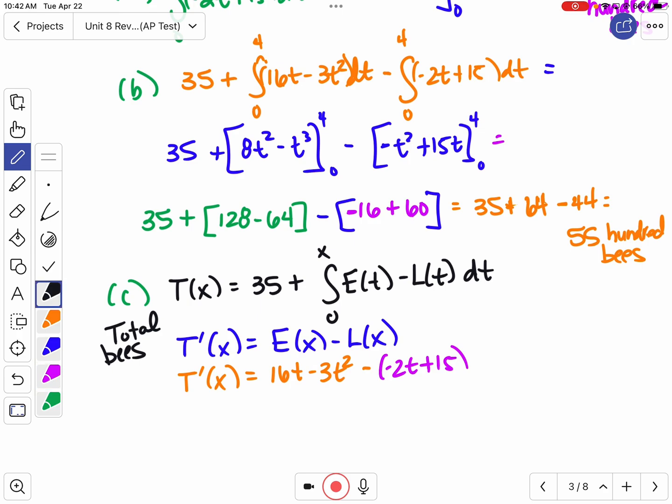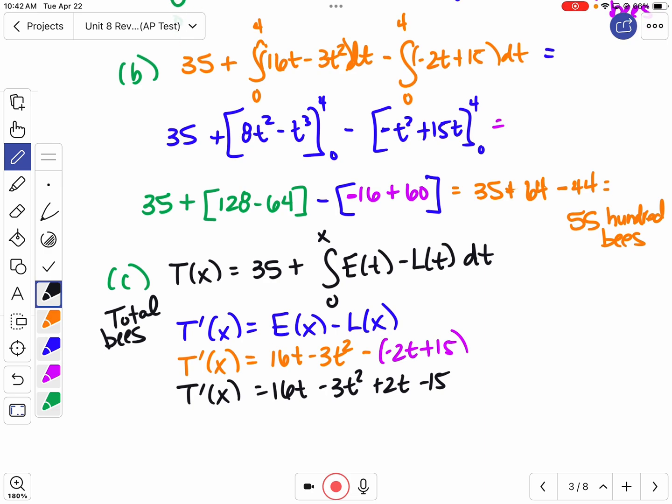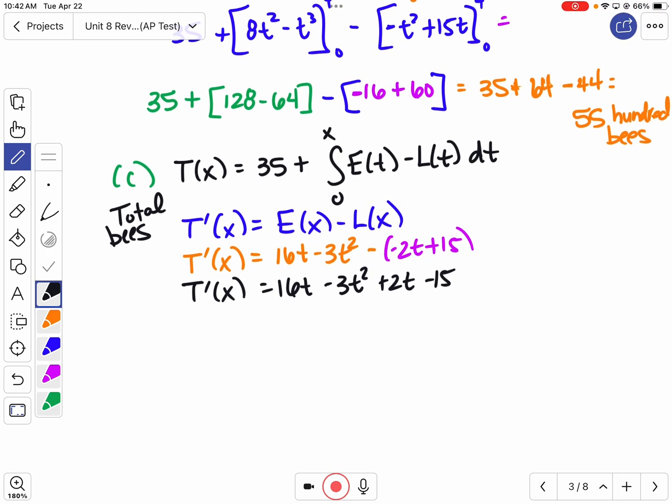Why is getting an expression going to be important? To find the critical points. Because in order to find our maxes or mins, we have to find the endpoints and the critical points. So T prime at x is going to equal negative 3t squared plus 18t minus 15, and then we're going to set it equal to 0.